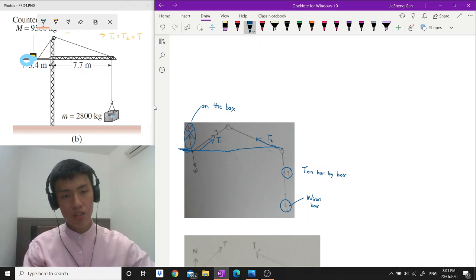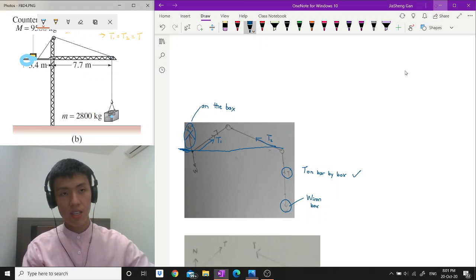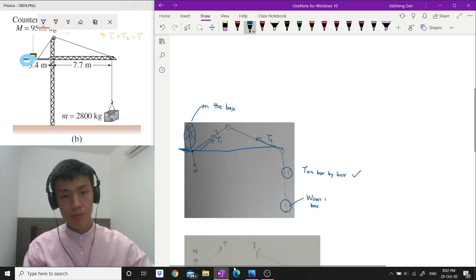So technically you should label this, and don't need to label this. Don't need to label this.